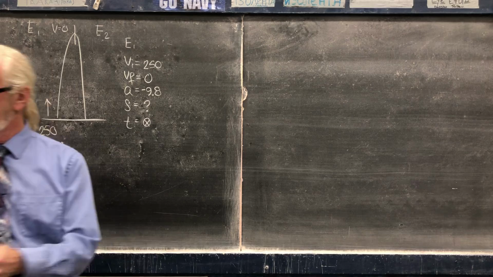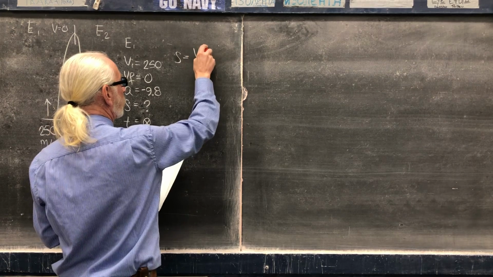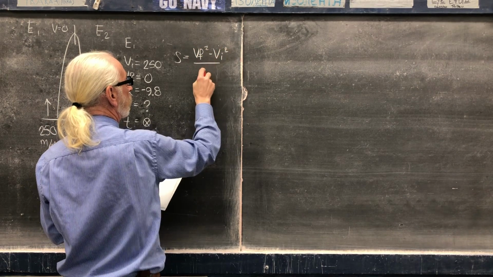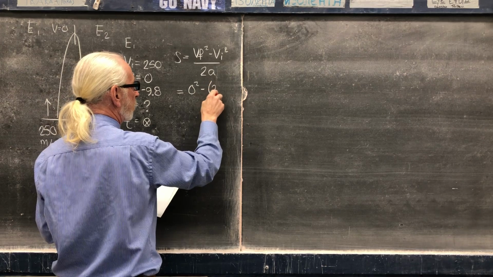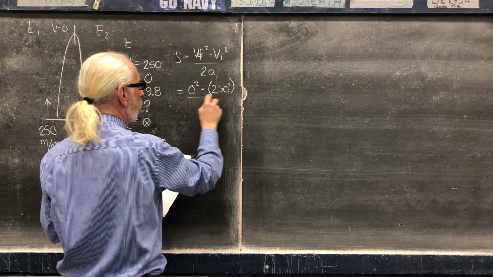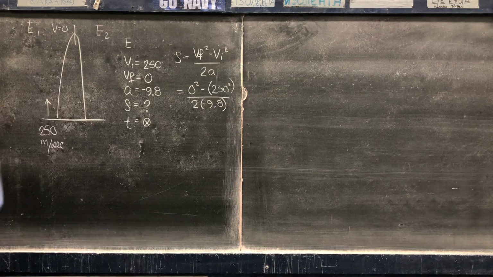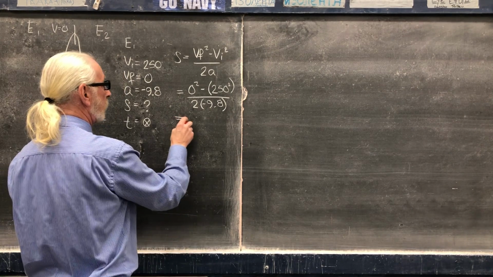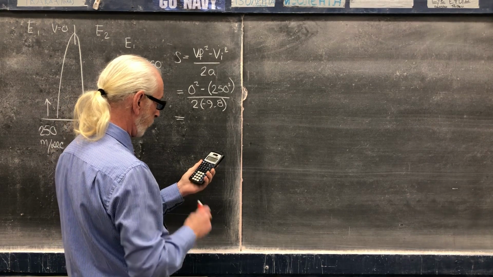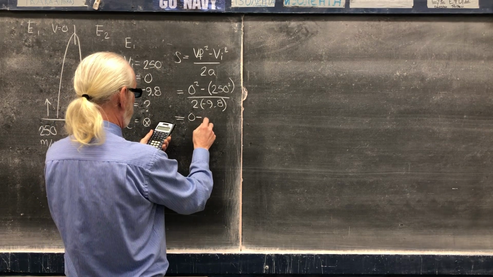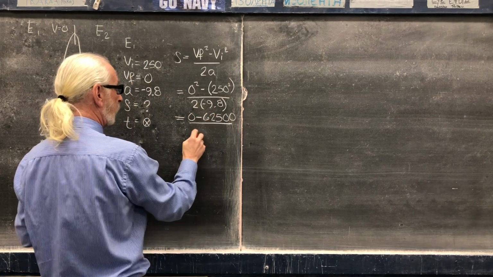So our magic formula, looking on our cheat sheets, we see that displacement equals final velocity squared minus initial velocity squared over 2 times the acceleration, equals 0 squared minus 250 squared over 2 times negative 9.8. 250 squared over a negative 19.6.